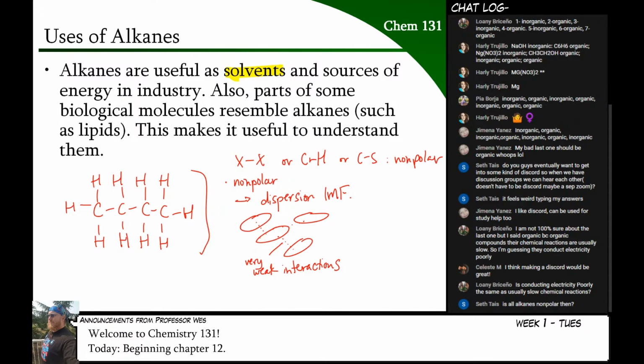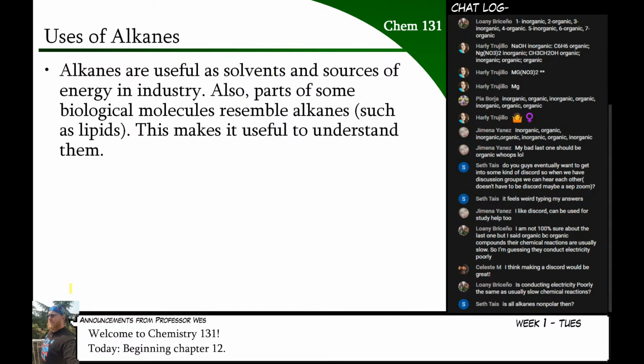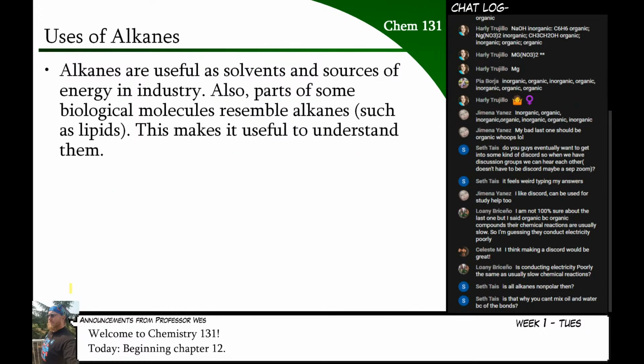Now, cell walls and cell membranes are also mostly alkanes, and that's going to make all of this very useful to understand. This is why you can't mix oil and water. Oil and water are immiscible. They separate out from each other because oil is mostly alkanes. Now, we can't call oil an alkane specifically, because what oil actually is called is a fat.